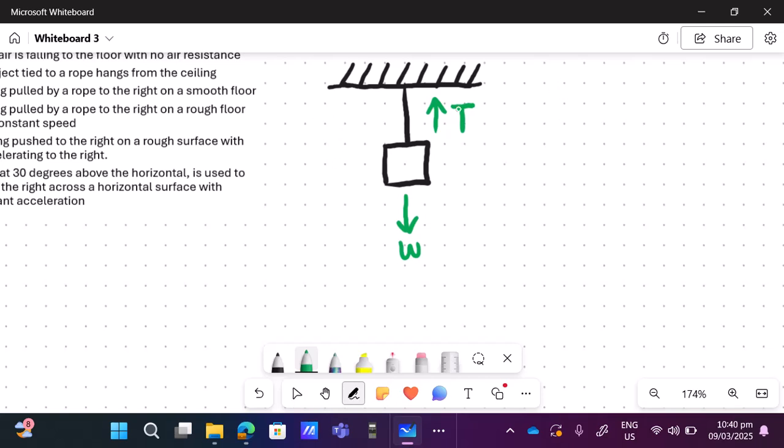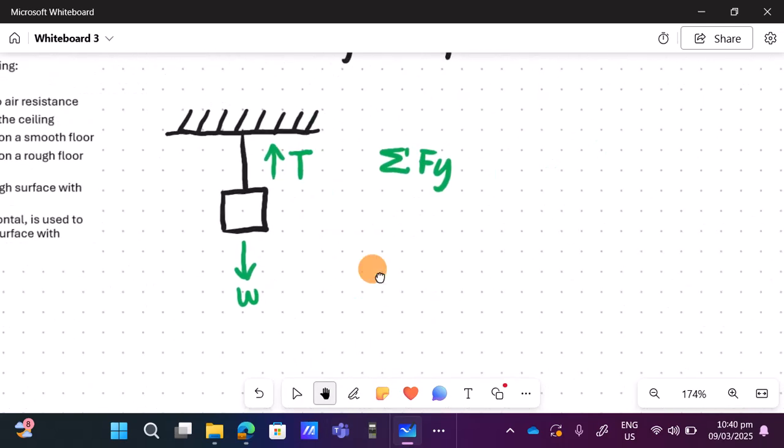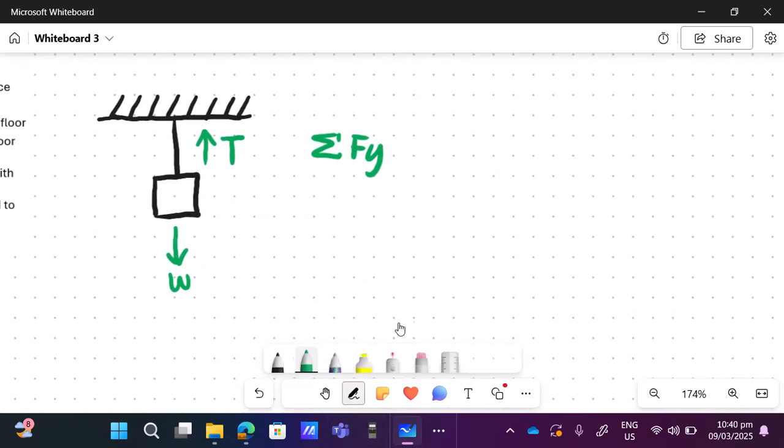Okay. So how do we get the net force? Again, summation of forces along the vertical, that would be up minus down. Upwards, we have tension. Downwards, we have force due to gravity or weight.